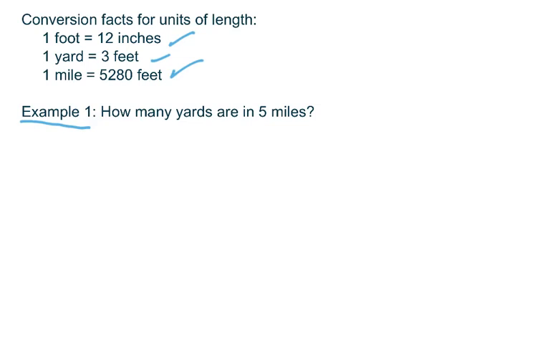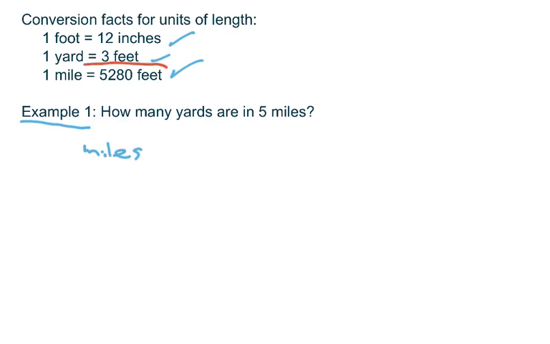The way I look at things is I look at the unit that I'm starting with, which is miles, and I ask myself if I can see within my conversion formulas a chain of units that would get me from the units that I'm given to the units that I want. So what I mean by that is this.